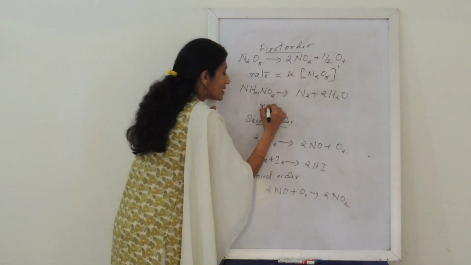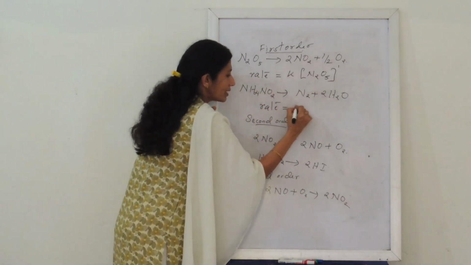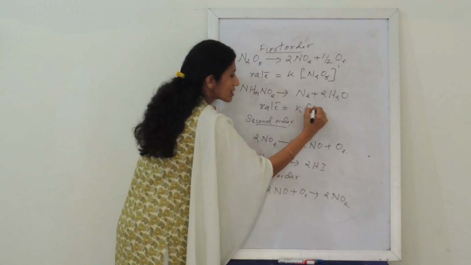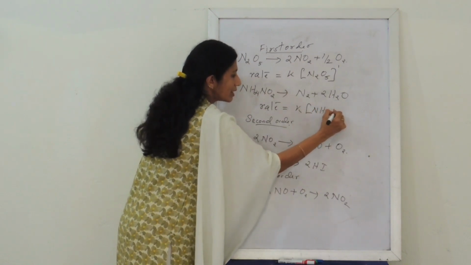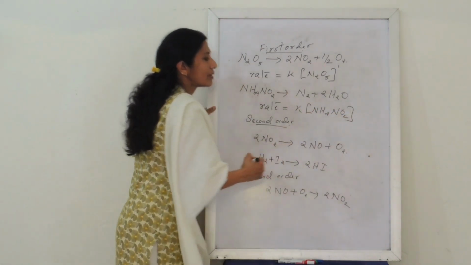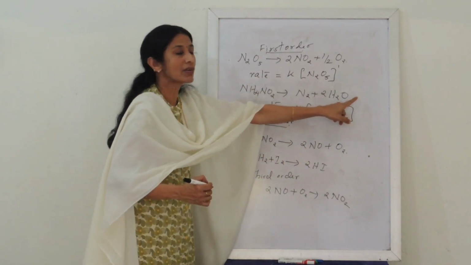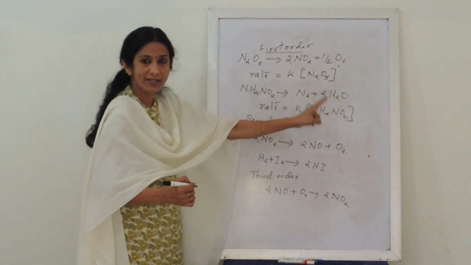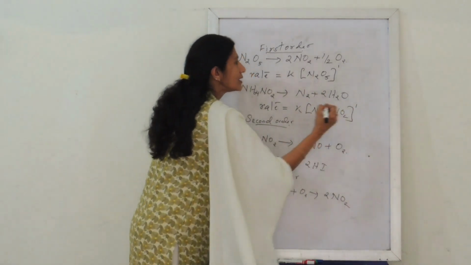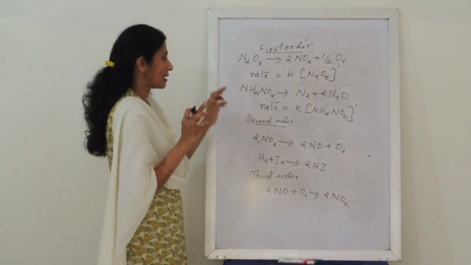Then rate is equal to k into concentration of NH4NO2, and here also the order is 1. The order is an experimental quantity.